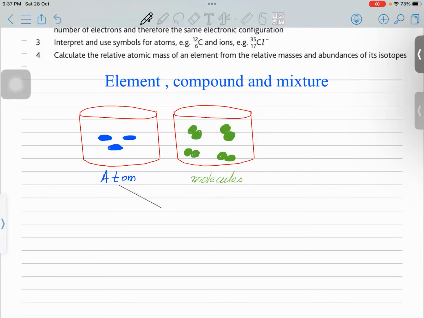Now look at this. So these two are elements. Now what is mixture?